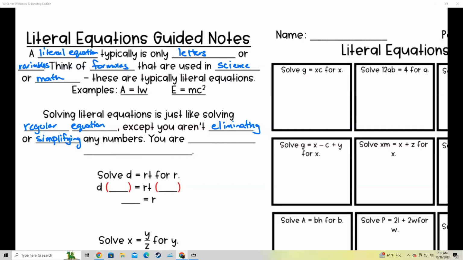You are literally just isolating the variable. If we can get good at this, then we get a really good stronghold on how to solve equations. If we can solve it when it's just letters, then it's going to be super easy when we have numbers in it.